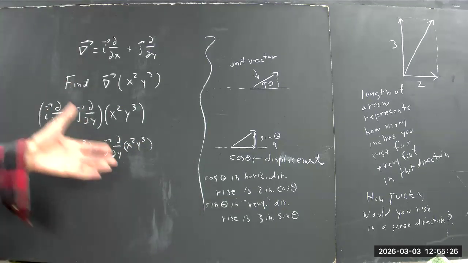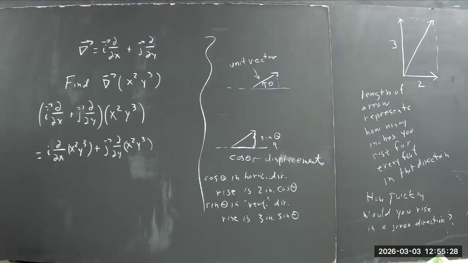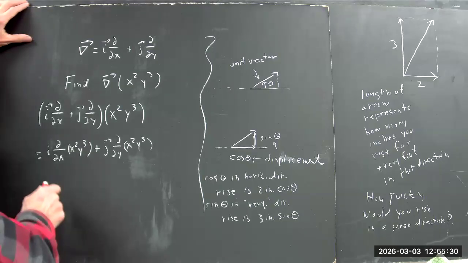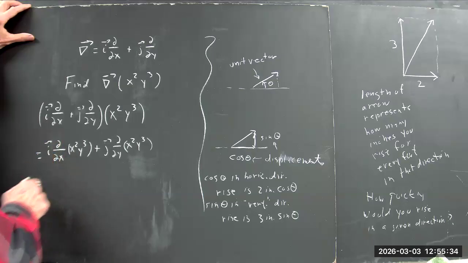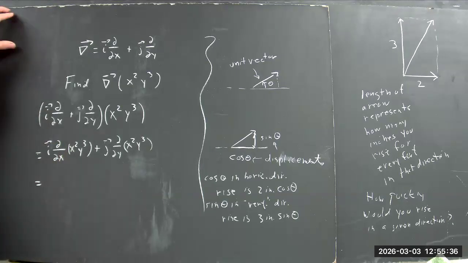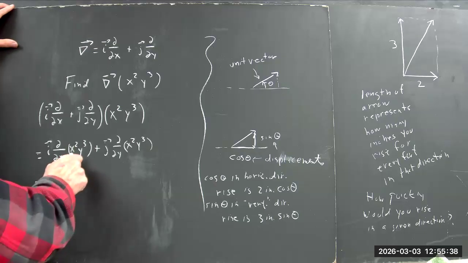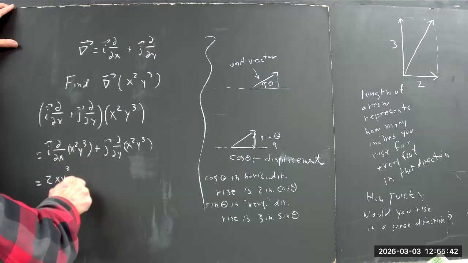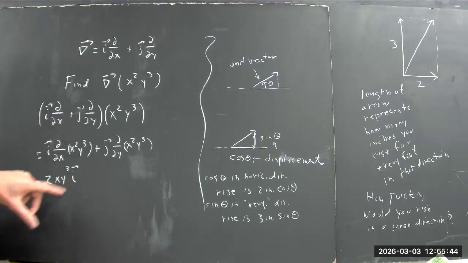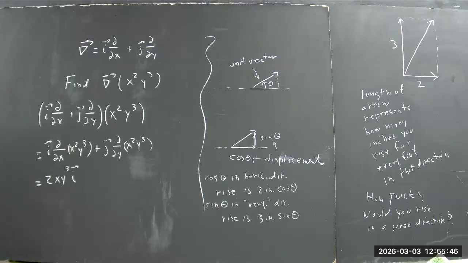So if you can do the derivatives, these are really easy to calculate. Okay, the partial with respect to x of x squared y cubed is 2xy cubed. And now I'll put the i at the end.